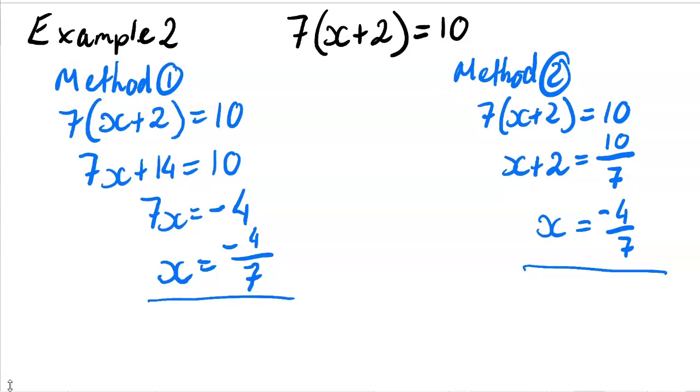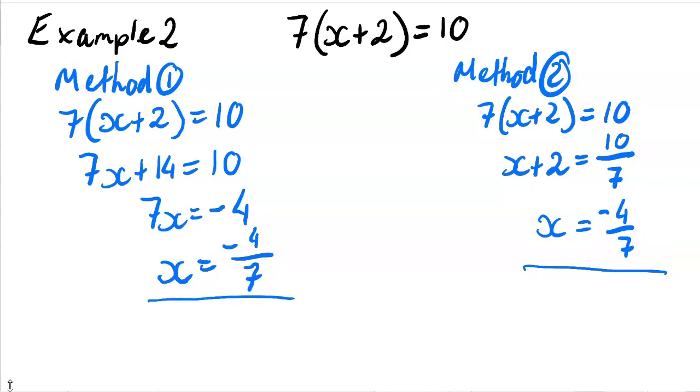But if I was you and I was coming to do this question, I maybe wouldn't do method 2. Why do you think I'd choose not to do method 2? I'd choose not to do method 2 because 10 is not divisible by 7. You're getting that fraction.